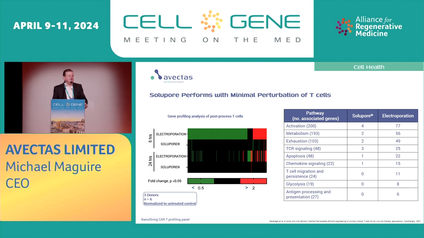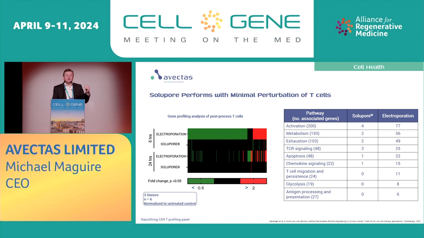What we see in the electroporation population is gross up and down regulation of gene pathways in the cell in the face of the electroporation process, and comparing that with the Solupor process underneath, which is very much quieter. There isn't that same gross up and down regulation of factors. We see this at the 6-hour time point and then at the 24-hour time point.